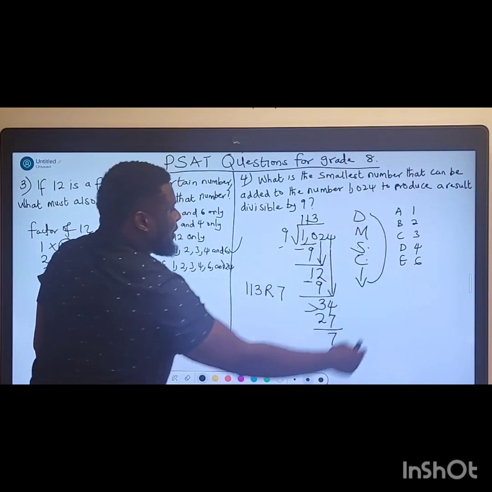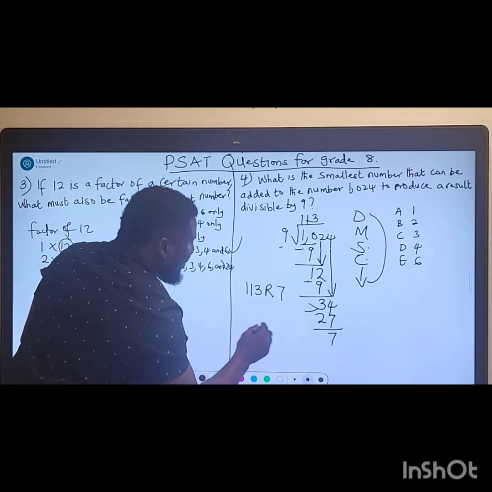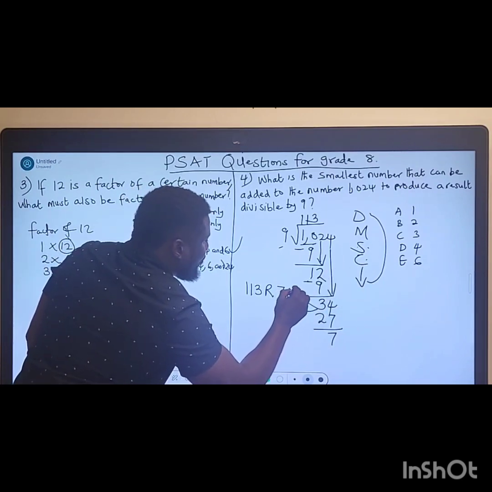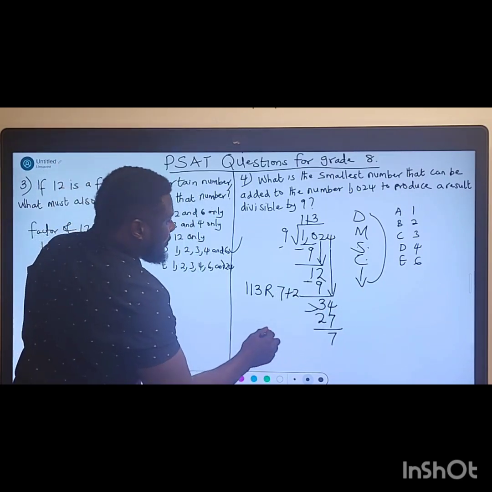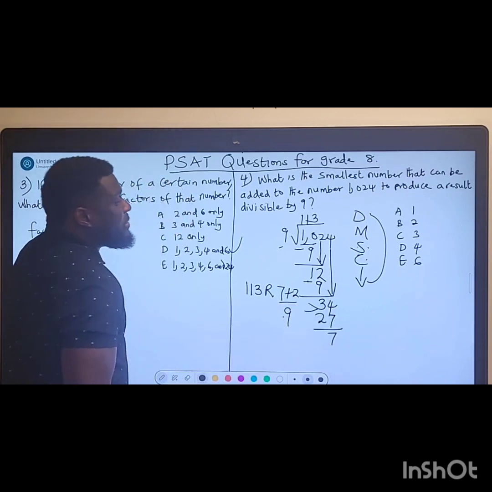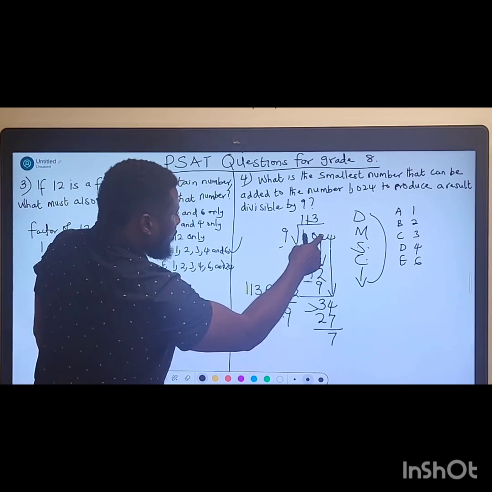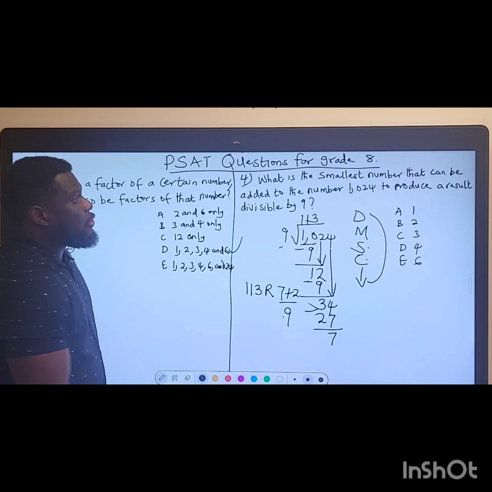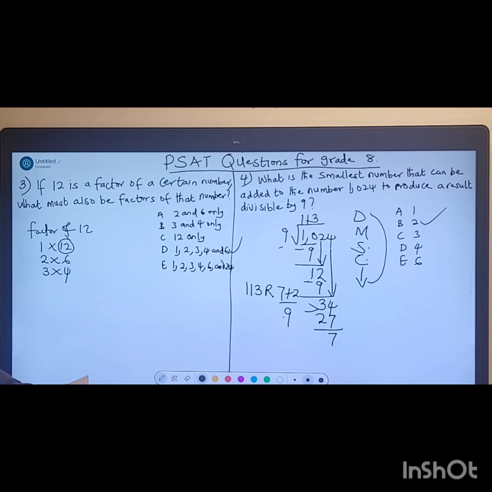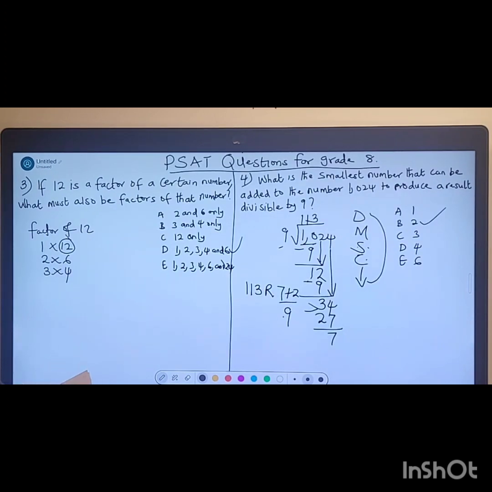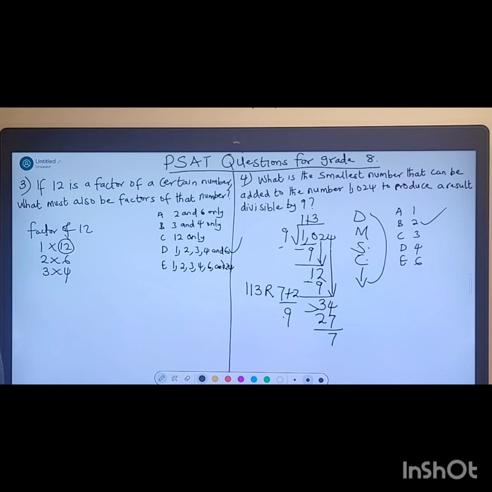So if you look at the options here, what can you do so that it is divisible? Just add 2 to that 7, and it will give us 9. So 2 is the smallest number that can be added to this number so that 9 can divide it. So that is that for that question.